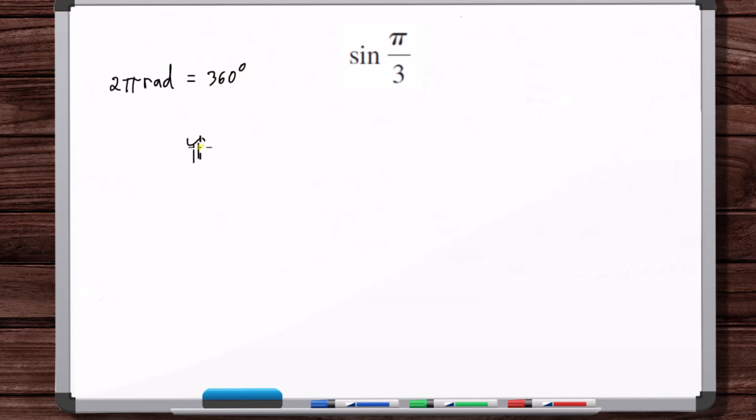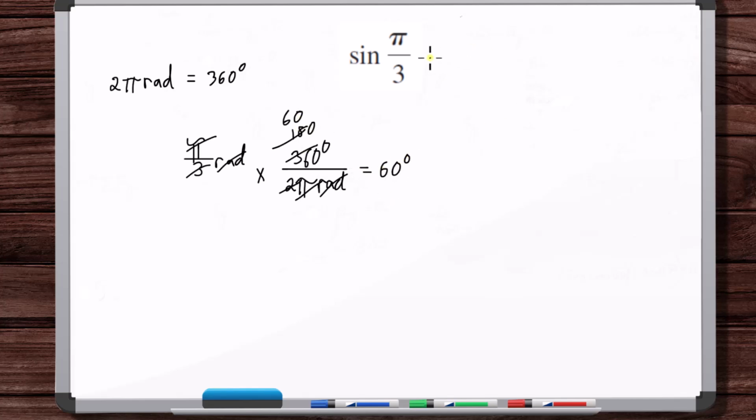So, pi over 3 radians, we use the conversion factor: there's 2 pi radians in every 360 degrees. The radians cancel, we're left with degrees. The pi's cancel. 180 divided by 3 is 60. So this is 60 degrees.